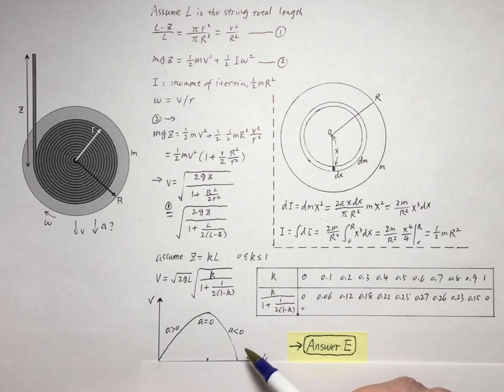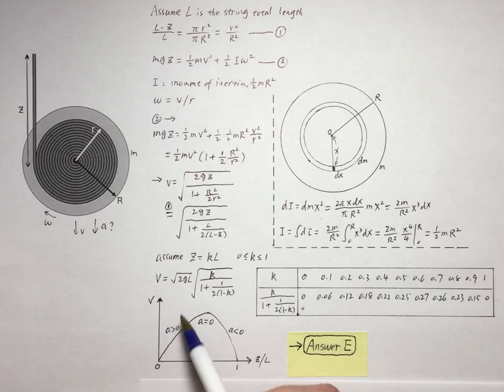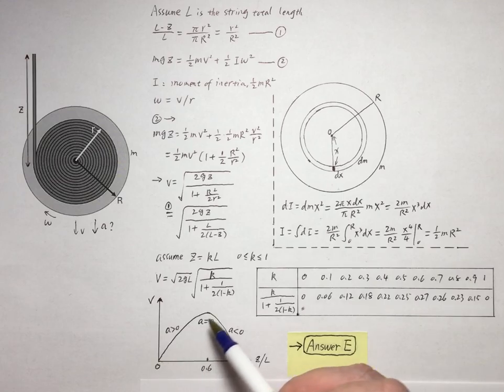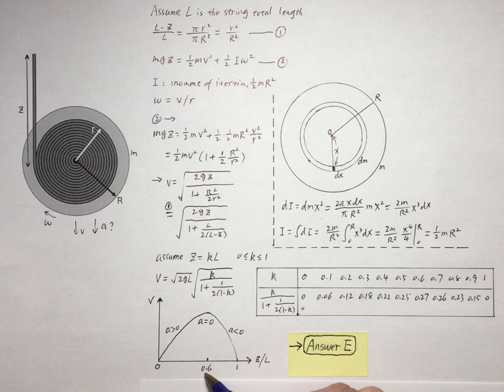So we get this behavior of v versus z over L. As we can see, when z over L is about 0.6, v reaches the maximum value.